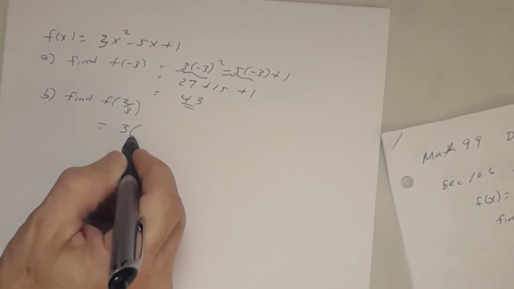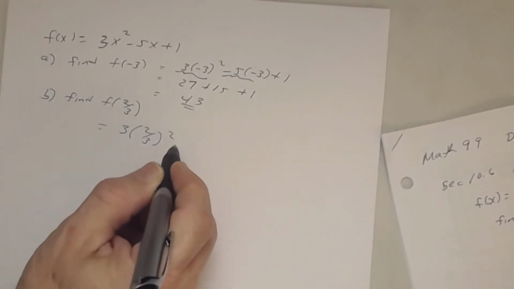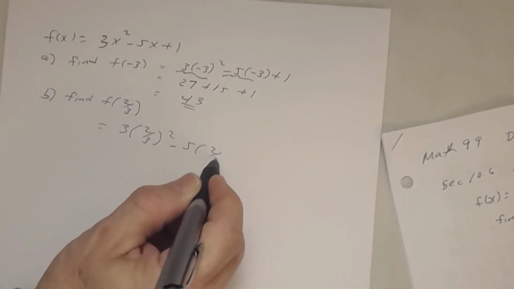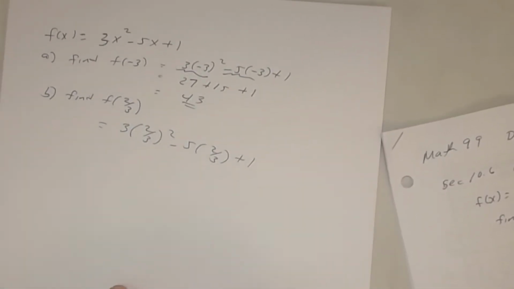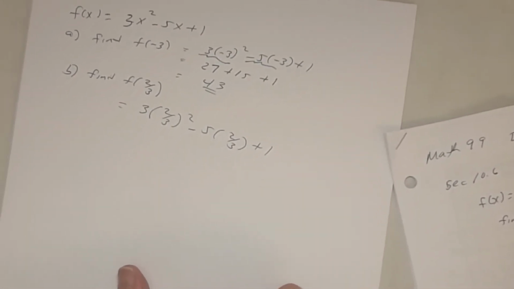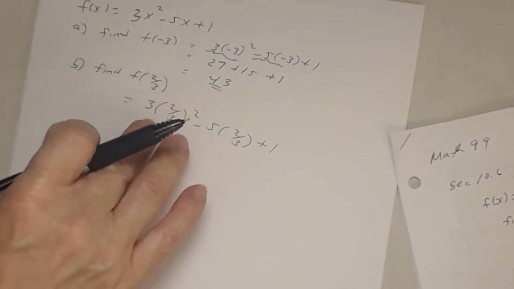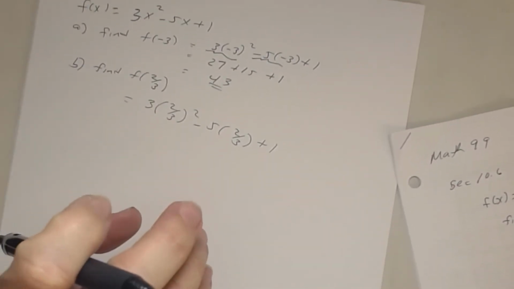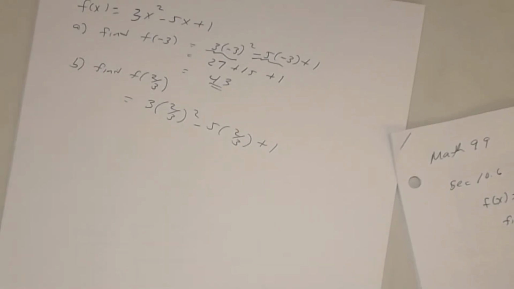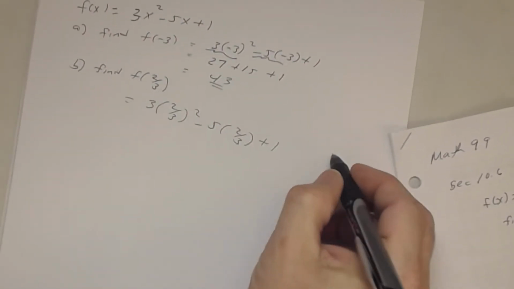I'm going to get 3 times 2/3 squared minus 5 times 2/3 plus 1. Right? All right. Now, what is 2/3 squared? What fraction is that? 2/3 times 2/3. Oh, come on now. 2/3 times 2/3. 4/9, right?